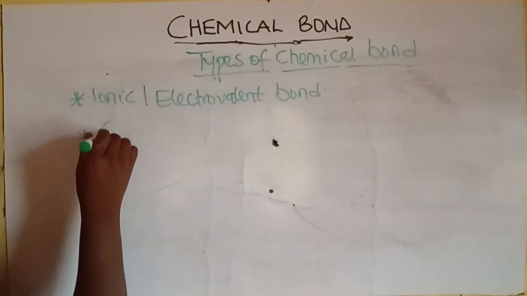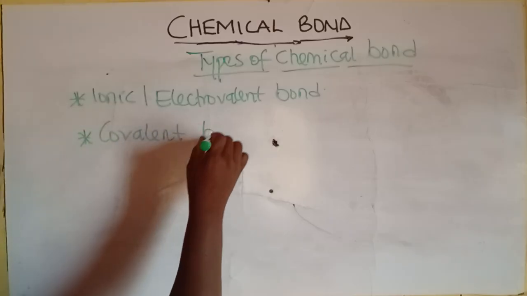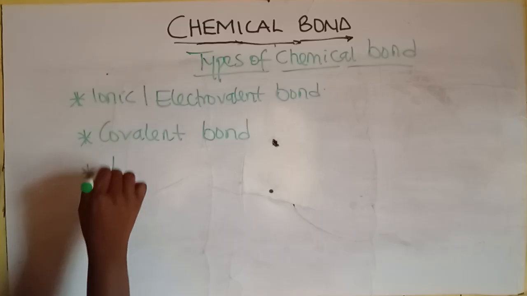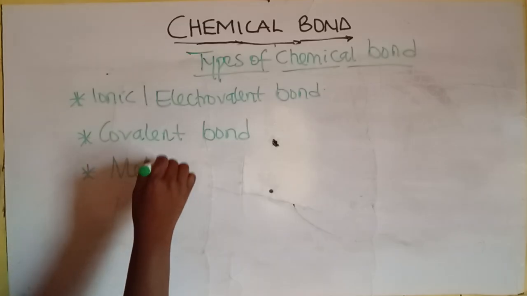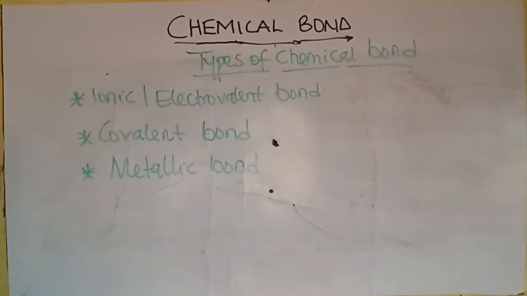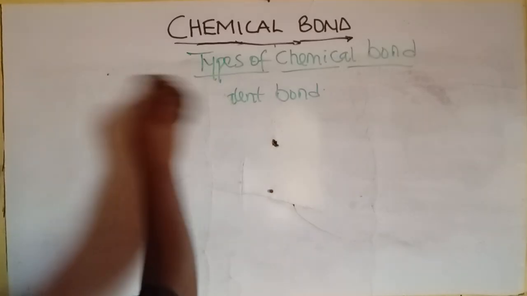The second is covalent bond. Then we'll be looking at metallic bond. Now let's quickly take the first one, the ionic bond.